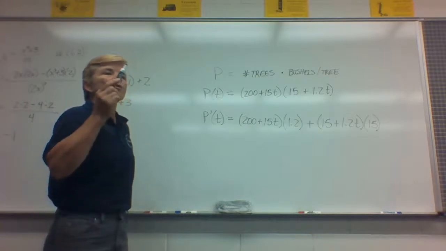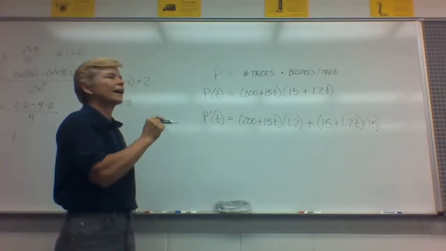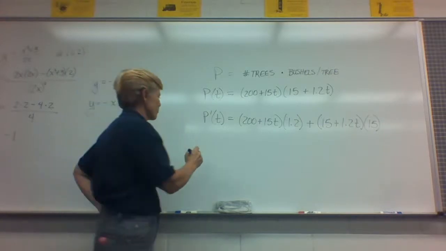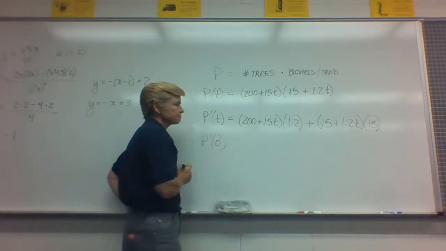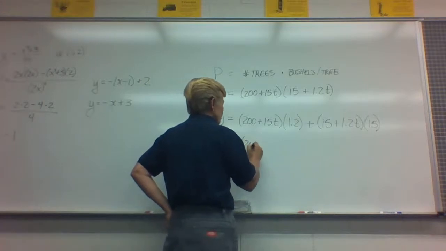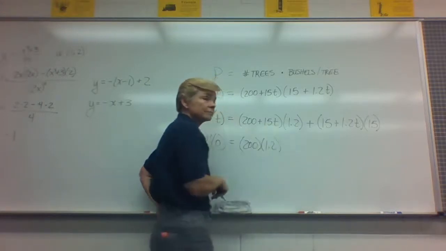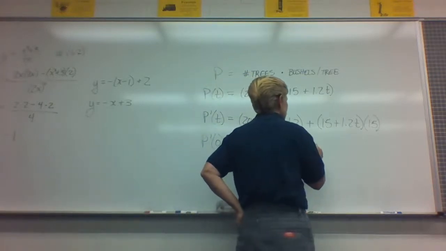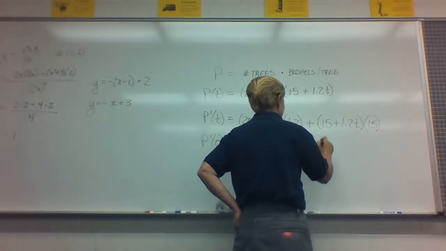So, right now, how fast is her production increasing? What do we have to find? P prime of 0, correct. Which is going to be 200 times 1.2, that's 240, plus 15 times 15.